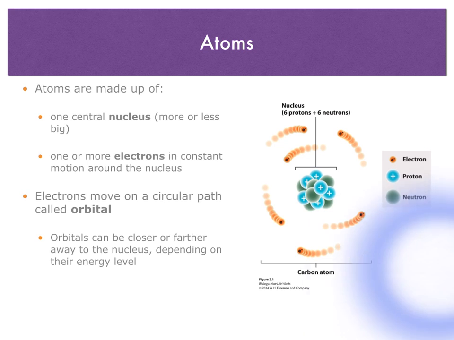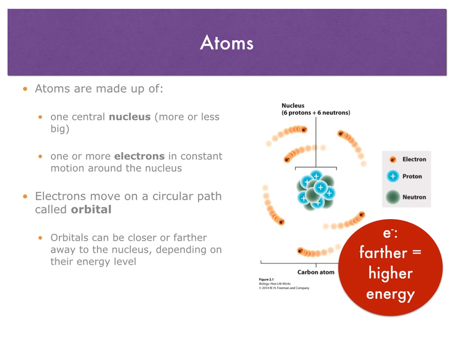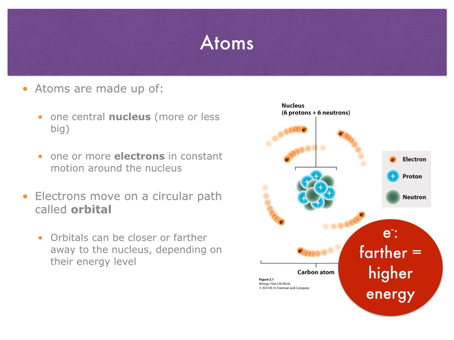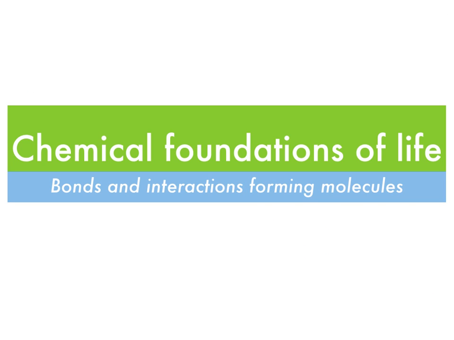So the rule to remember is that if electrons are further from the nucleus, they have a higher energy level. This gives them a very interesting property: they will be able to interact with other atoms. Because of their high energy level, they are extremely reactive, and this is how they form bonds and interactions with other atoms and therefore form molecules. This is what we will see in the next slide.